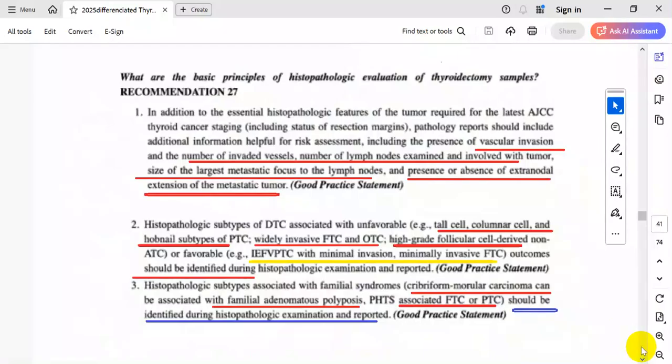What are the basic principles of histopathological evaluation of thyroidectomy samples?